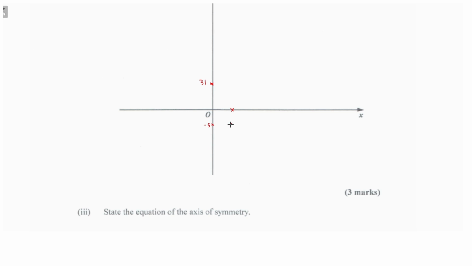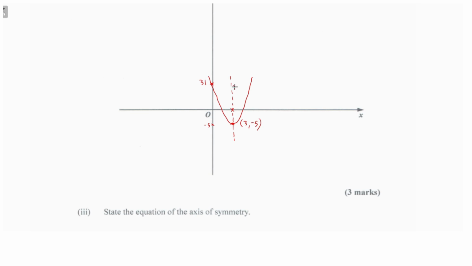So that's the coordinate of the minimum. And to sketch a graph, all we need to do is to sketch it. So this is a sketch of the graph, and the axis of symmetry is going to be this line here, and remember this coordinate here is 3, minus 5.